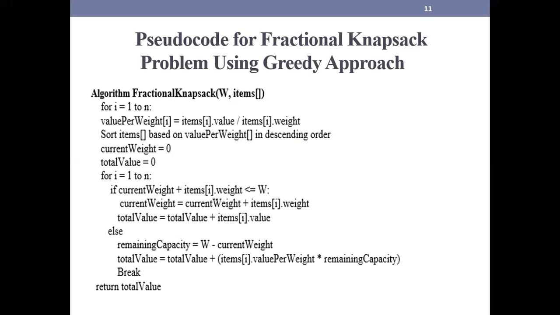In the else part, if we add the item in the knapsack and the total weight exceeds the knapsack capacity, we are going for fractional. So we are finding the remaining capacity of the knapsack. W is the total capacity that can be held. Current weight is what is occupied in the knapsack. So we are finding the remaining balance to be added. That is the remaining capacity of the knapsack.